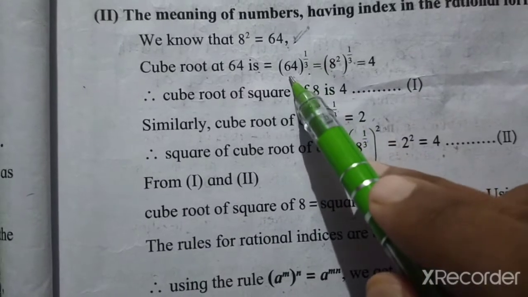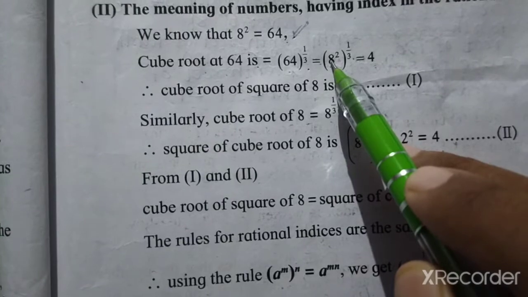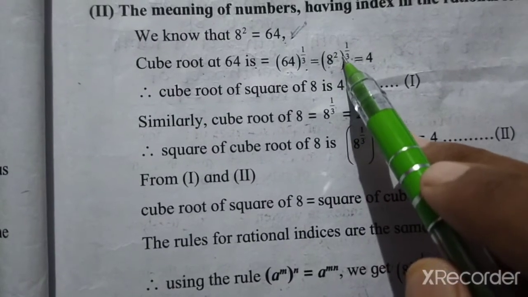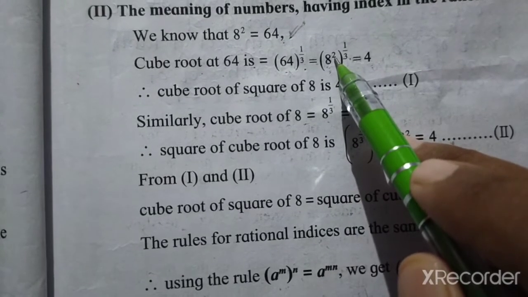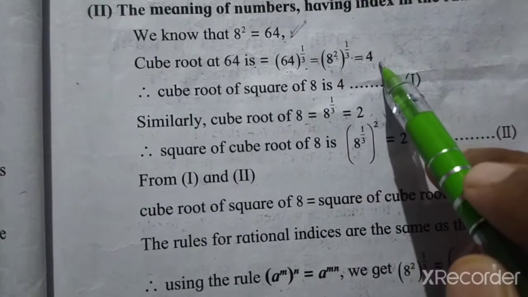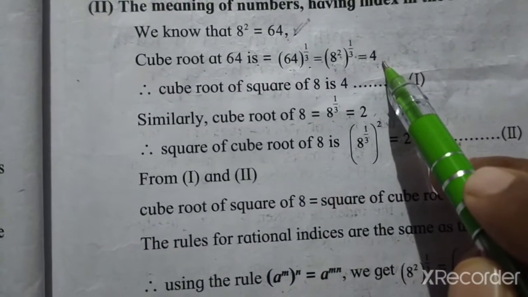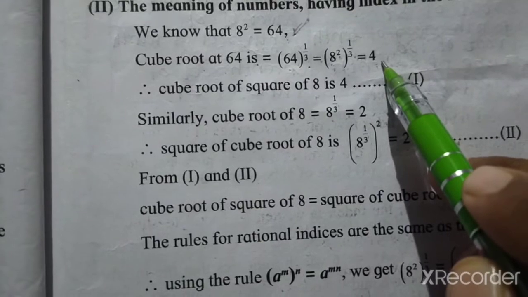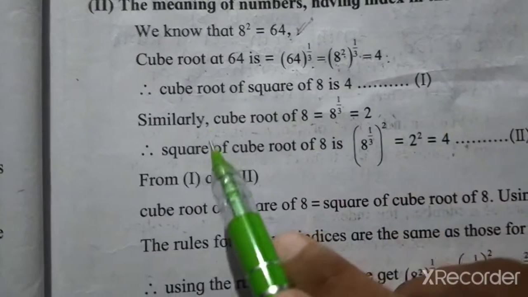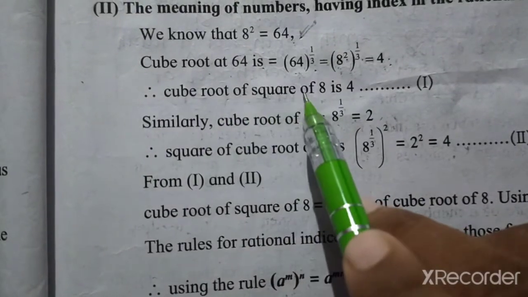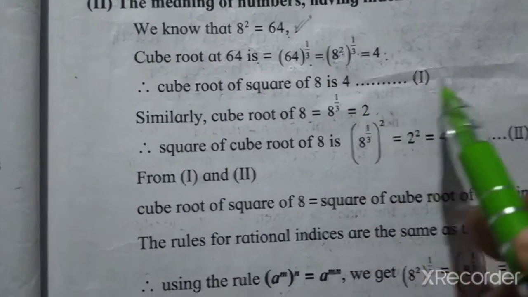So the cube root of 64, and 64 is the square of 8, so it is the cube root of the square of 8. The square of 8 is 64, and the cube root of 64, 4 into 4 into 4, gives the answer 4. So the cube root of the square of 8 is 4, equation number 1.